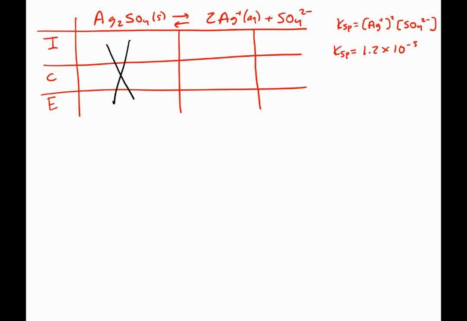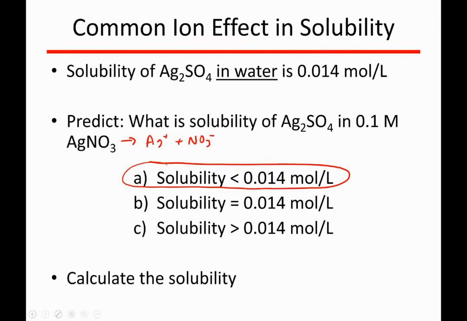In the previous example, when we were dissolving the silver sulfate into pure water, we initially had 0 for Ag plus and 0 for SO4 2 minus. However, this problem differs because we're not dissolving it into pure water, we're dissolving it into a 0.1 molar AgNO3 solution. AgNO3, as shown in the previous slide, breaks up completely into Ag plus and NO3 minus.